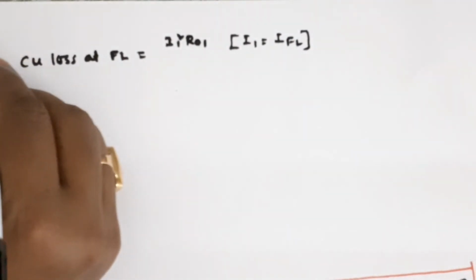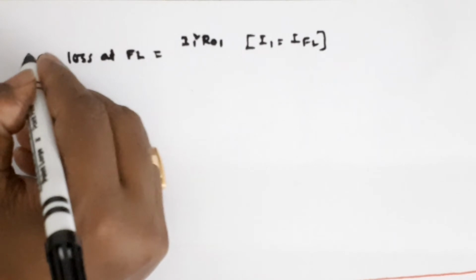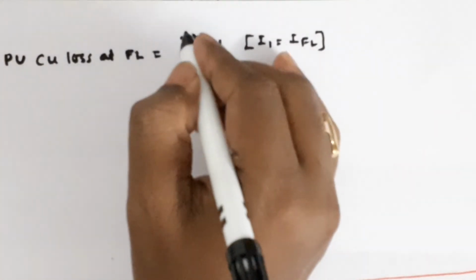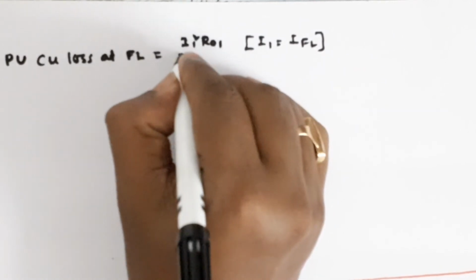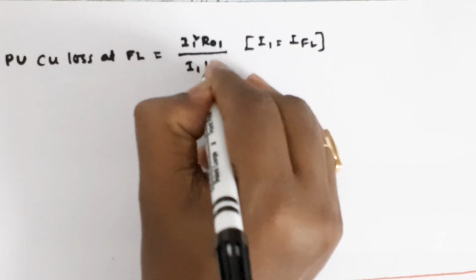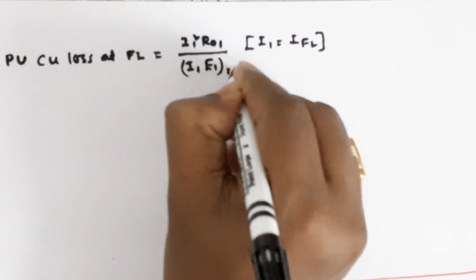Now per unit copper loss is given by the total copper loss divided by the rating of the transformer, I1 into E1 rated.